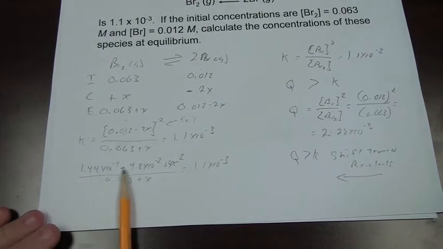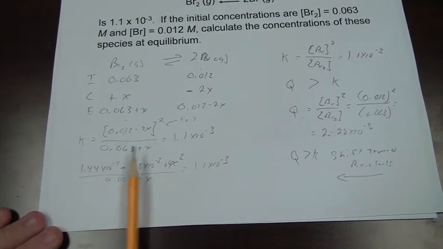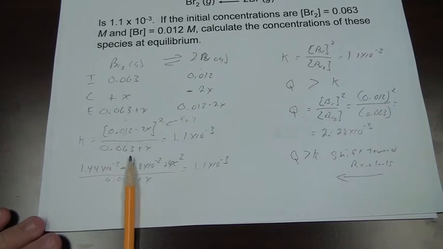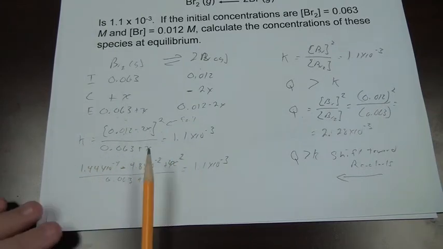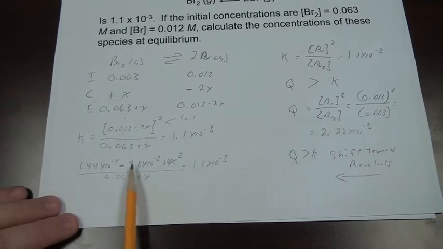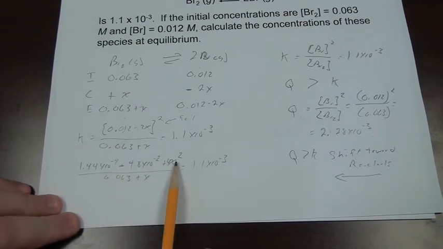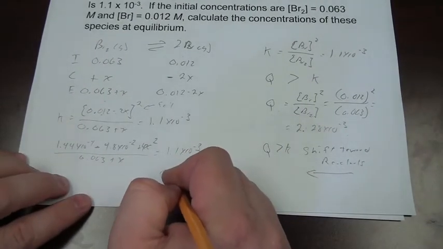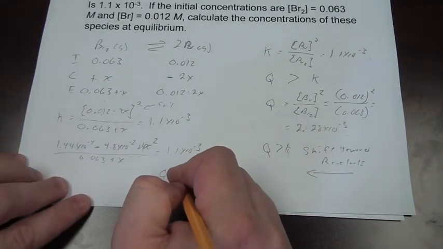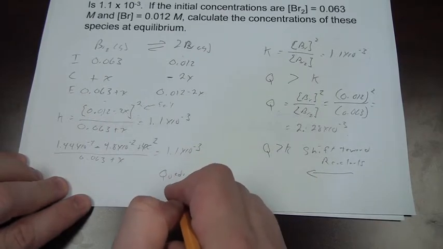Now, if we notice here, this is not going to be able to be simplified simply. It's going to take some work to do this, and because this is a quadratic expression, or the squared, we're going to have to use the quadratic formula.